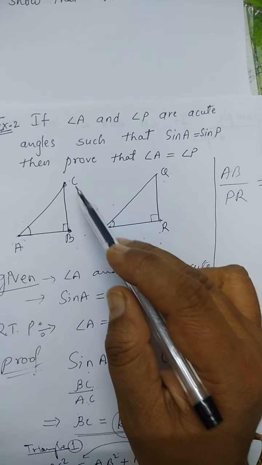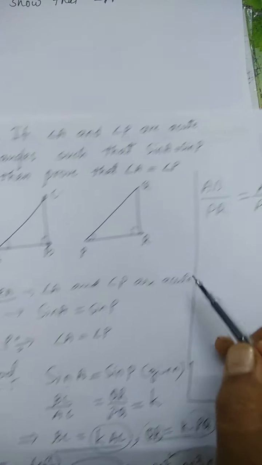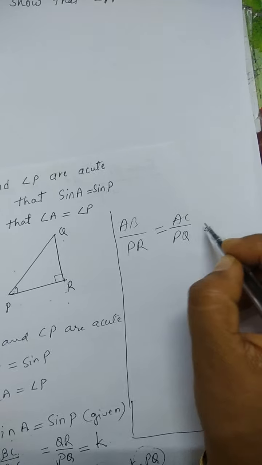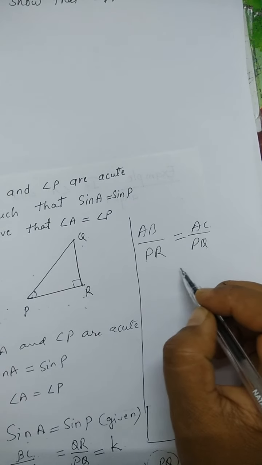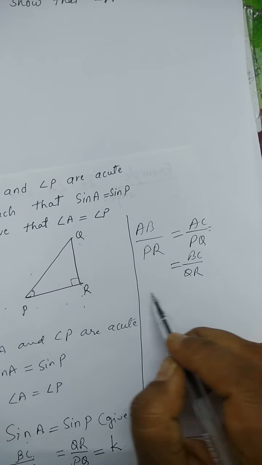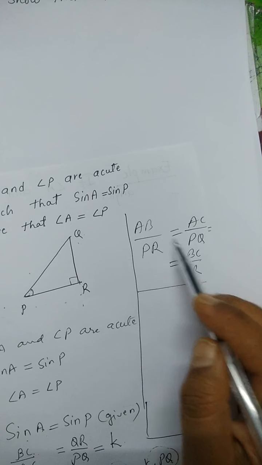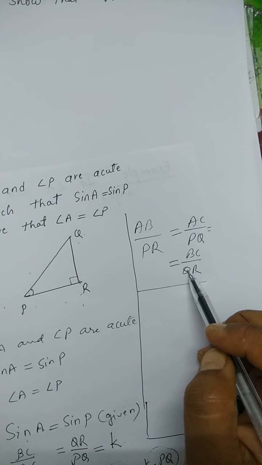So then next will be BC upon QR, which will be equal to BC upon QR. So we observe that ratio of all three corresponding sides are equal.